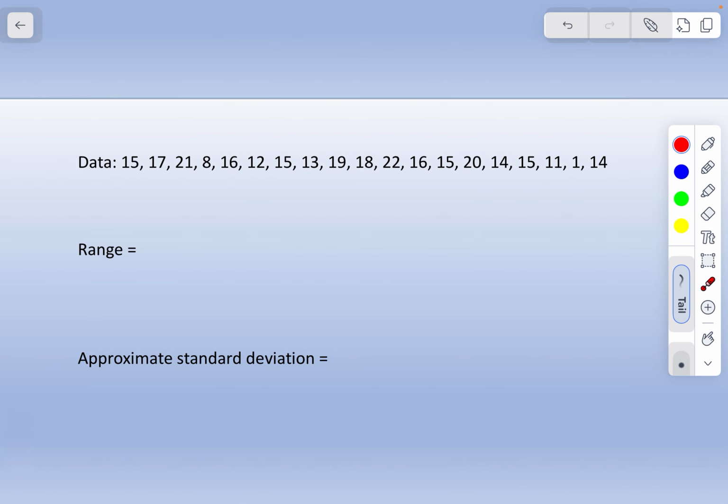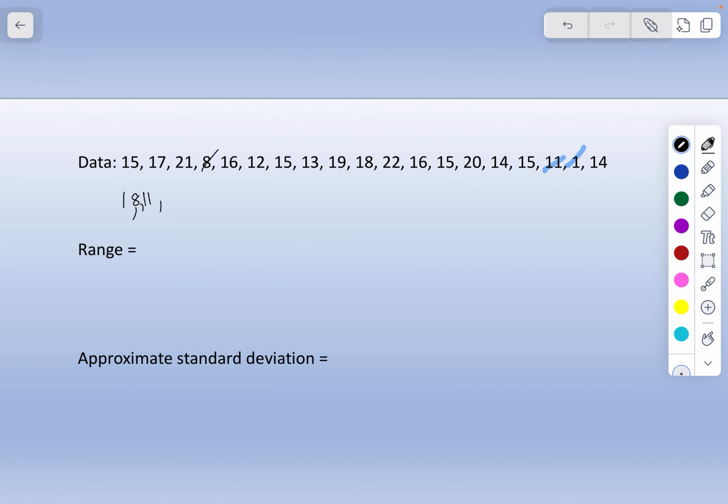So, 1, so I've used 1. Let's see what else we got here. Our next largest value is 11, I believe. Do we have any other 11s here? Nope. Oh, I missed an 8. Let's throw a little 8 in there.